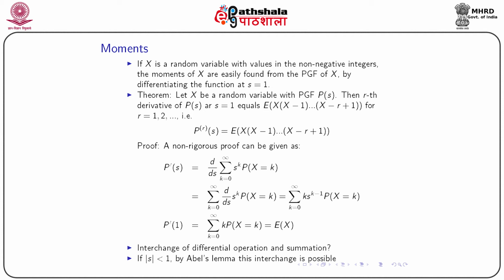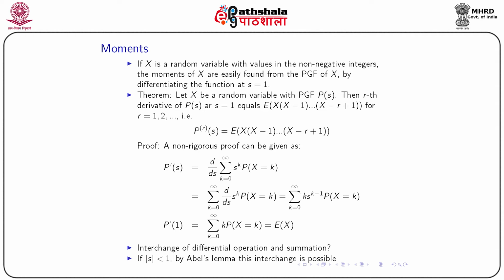If we differentiate s to the power k, it will be k times s to the power k minus 1. So we are left with the sum over k from 0 to infinity of k s to the power k minus 1 times probability X is equal to k. If I put, for example, s equals 1, P prime of 1, we are left with the sum over k from 0 to infinity of k times probability X equals k, and this is the definition of expectation.